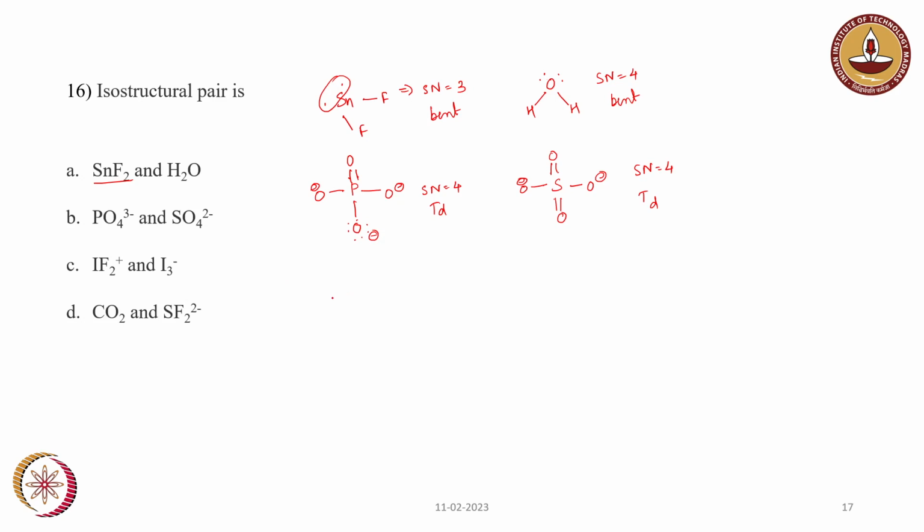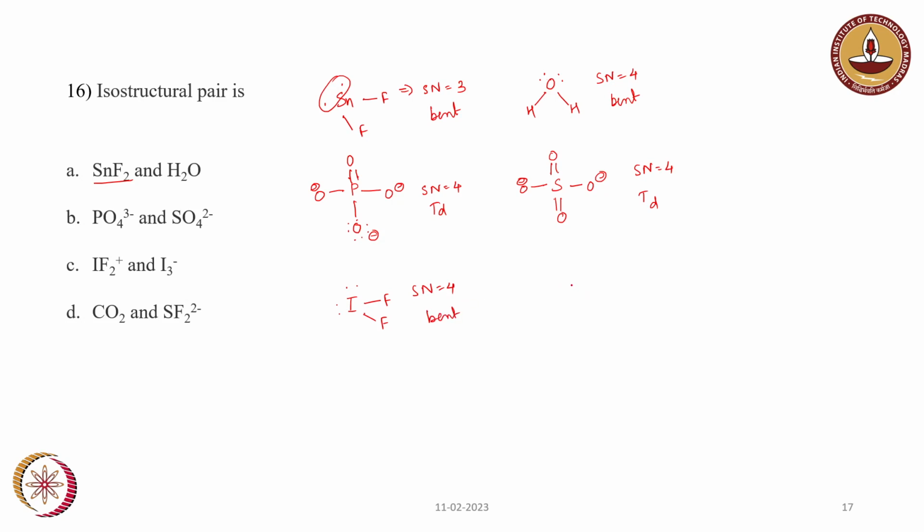And C is IF2 plus and I3 minus. So in IF2 plus, iodine has 7 valence electrons, but if we add the positive charge to iodine, it will become 6 valence electrons. So 6 valence electrons and 2 fluorine bonds. So it will be bent, as the steric number is 4 and the structure is bent.